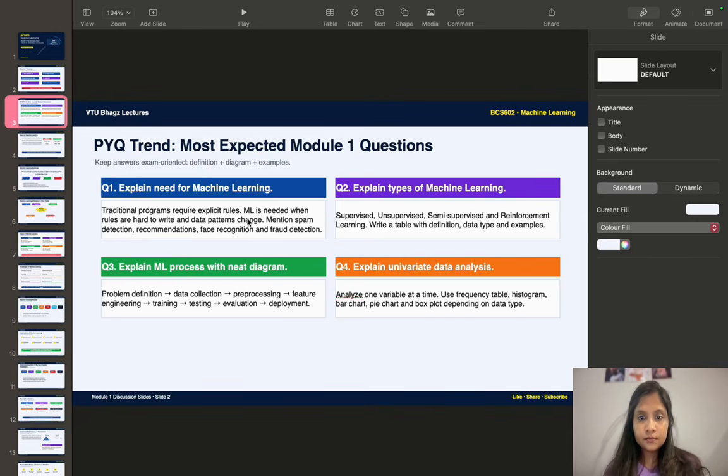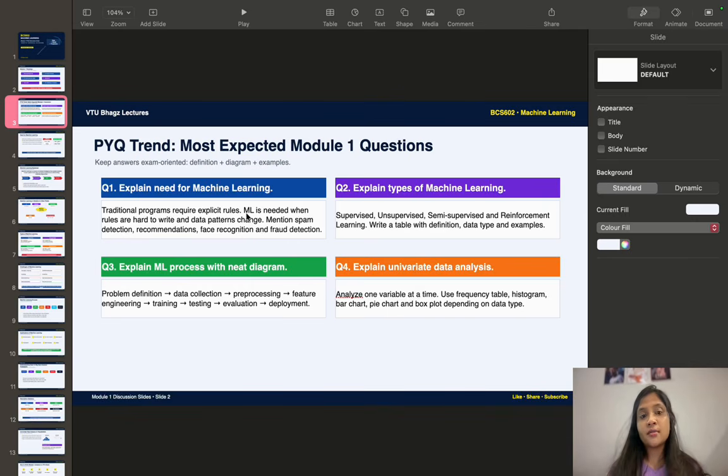So here you can see question number 1 is explain the need for machine learning. For this question, start with the definition of machine learning. Machine learning is needed because traditional programming cannot handle large, complex, and changing data easily.